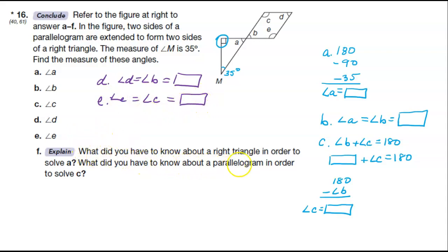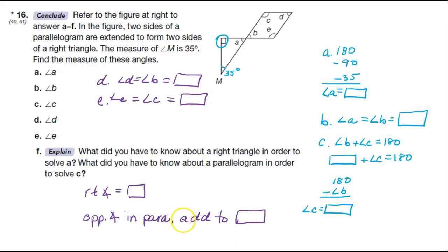So what did you have to know about a right angle in order to solve A? That a right angle is equal to how many degrees? And what did you have to know about a parallelogram to solve C? That opposite angles in a parallelogram add to what?